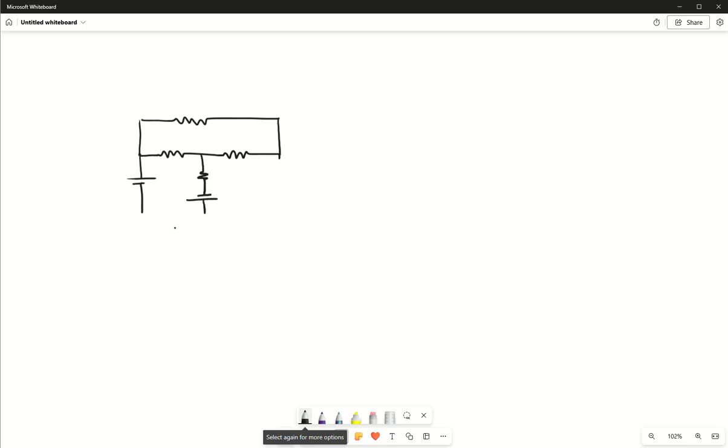Let us put another source here, another resistance here, another resistor, and this is another supply. Then let us also consider one more loop like this.